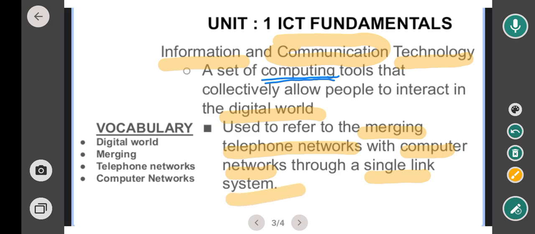It means it has a single link which performs these functions and makes us able to connect our channel, our device, to communicate with others, with the help of our computing tools in the digital world. So in this lecture you learned vocabulary you need to remember: digital world, merging, telephone networks and computer networks.